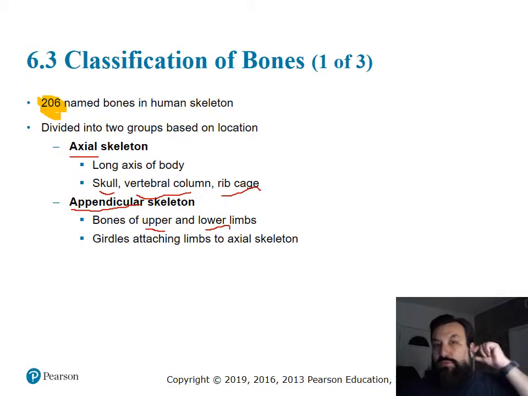So this would be the outer ear, your ear canal. Remember the cerumen, the earwax that's made by ceruminous glands in your ear. So when you hit the eardrum, behind the eardrum, there are the 3 smallest bones in the body, and those are part of that 206 bones. Just a side fact there, right?